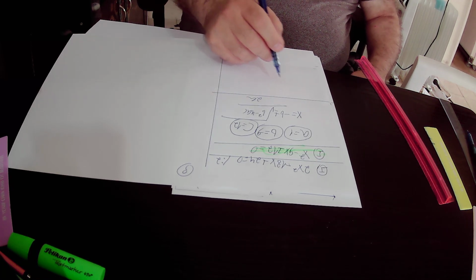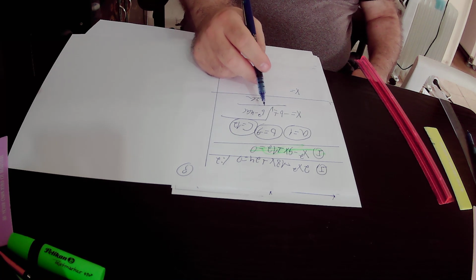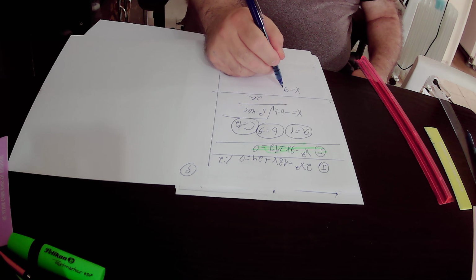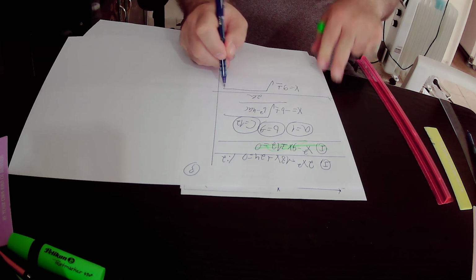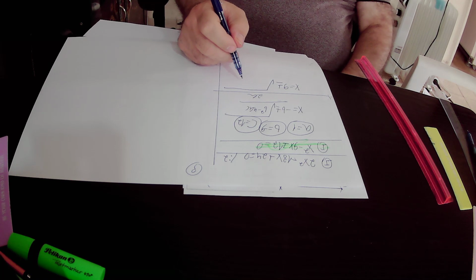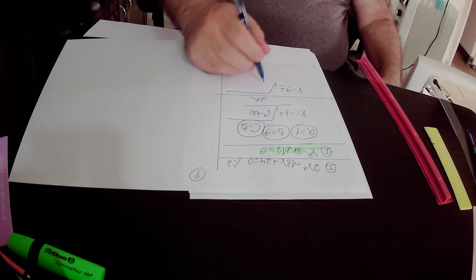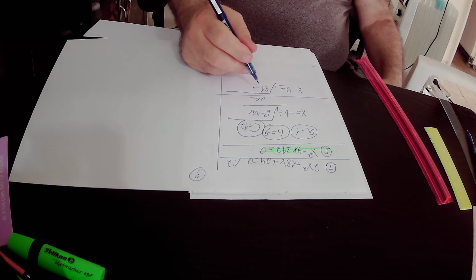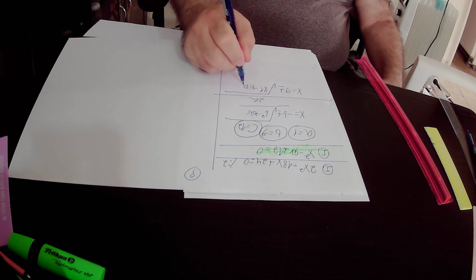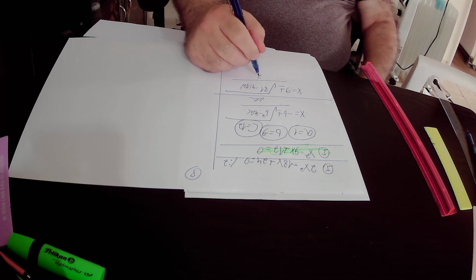So here we get that x equals minus b. b equals minus 9, so minus b is minus 9, that is plus 9, plus minus square root of b squared. b equals minus 9, so b squared is minus 9 squared, that is 81, minus 4 times a is 1, times c is 12, over 2a. a is 1, so 2 times 1 is 2.